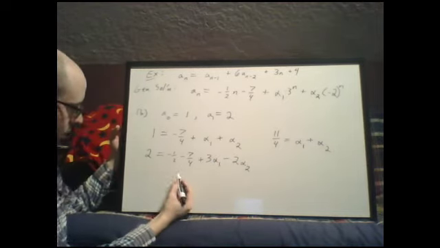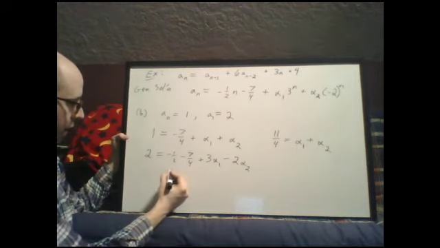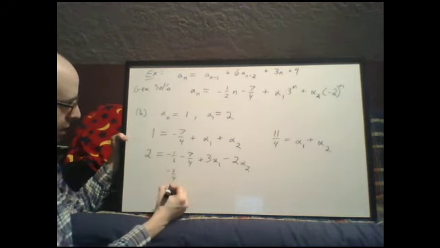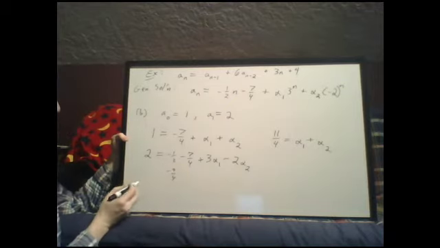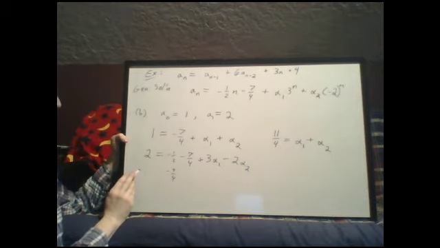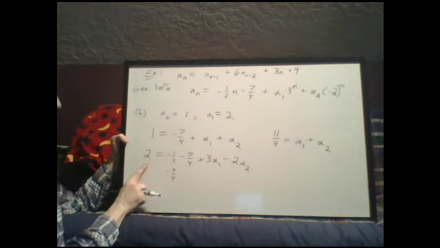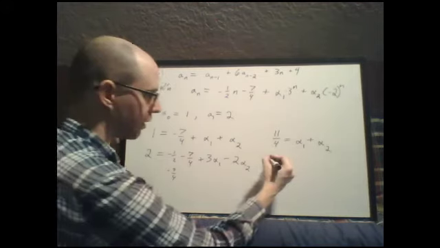So what's this? This is going to be negative 2 fourths, so that's minus 9 fourths. Add that over, it's 8 over 4, so 17 over 4.